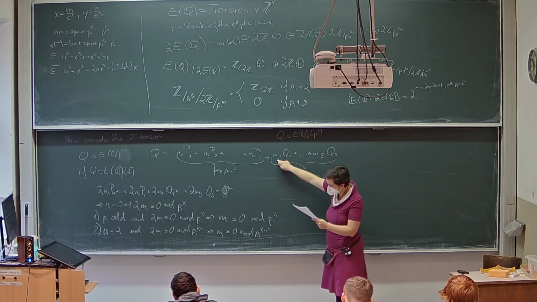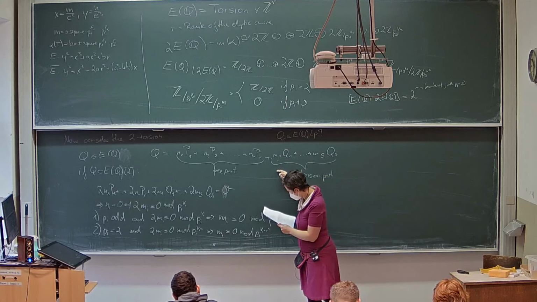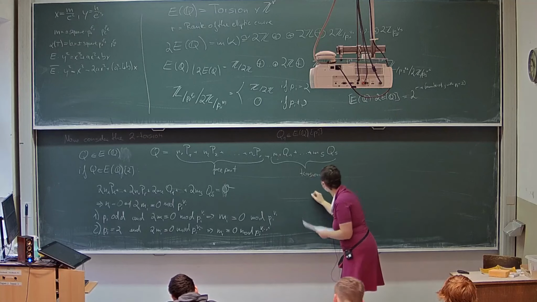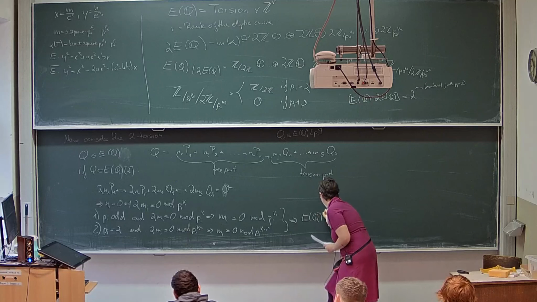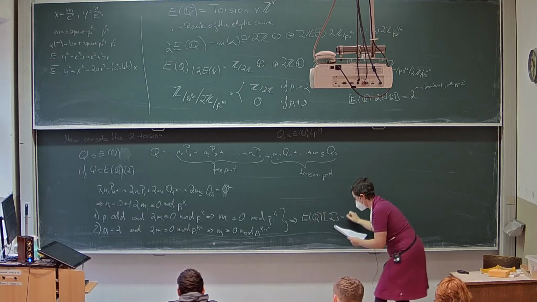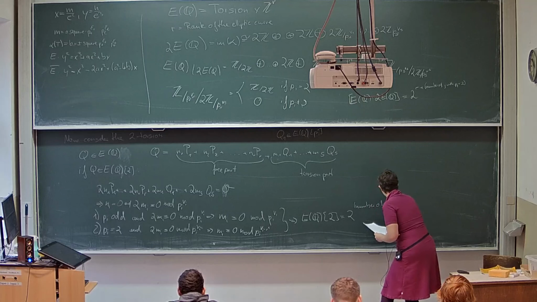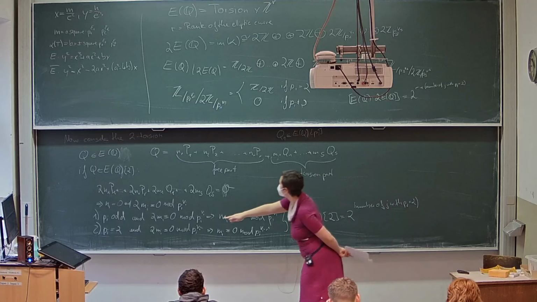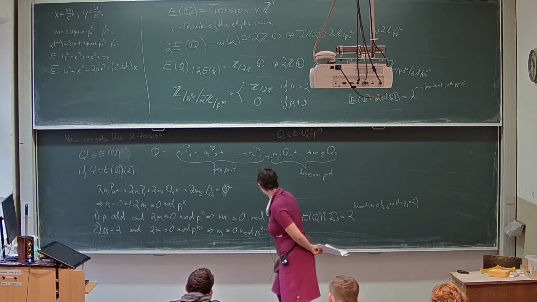And here, let me write this down, we have 2 to the power of how many p's we have that are 2, because we have this freedom.